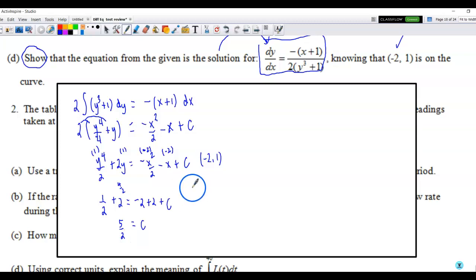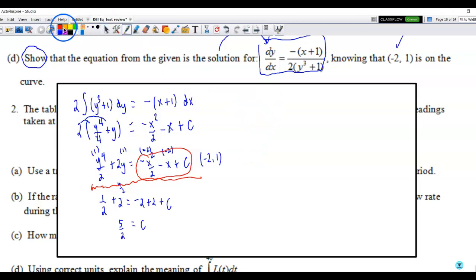So I have my value of c. I'm going to come right back to where I left off, which is right here, and substitute the c that I found. I'm also going to get everything over to the left-hand side. I'm going to move all these terms to the left.